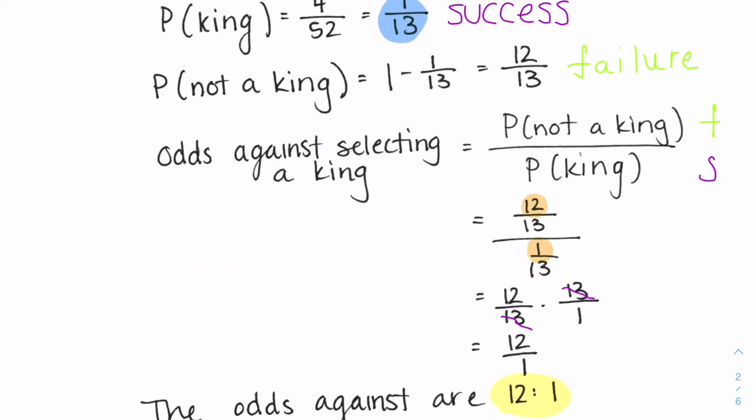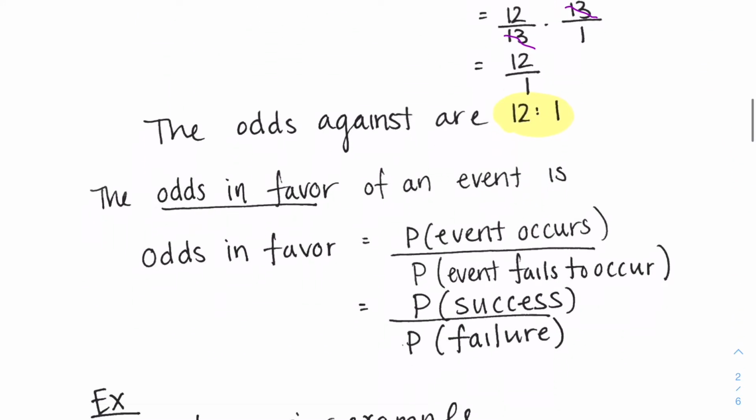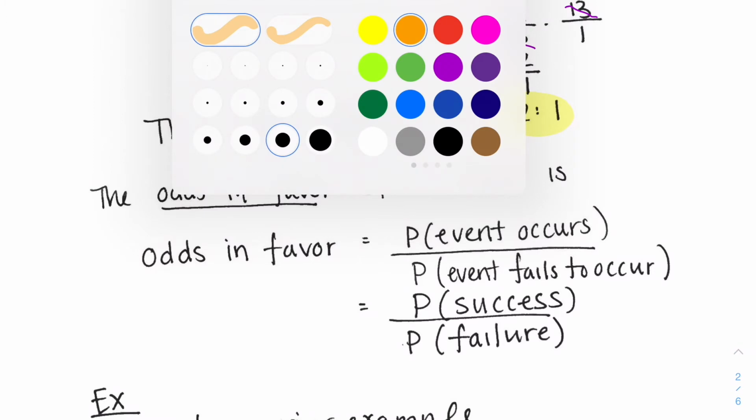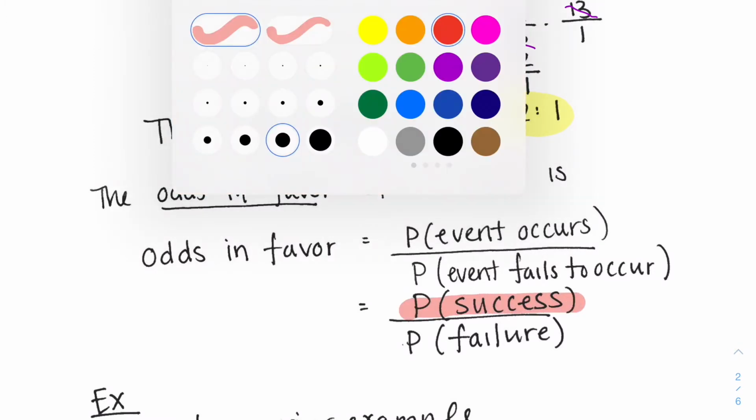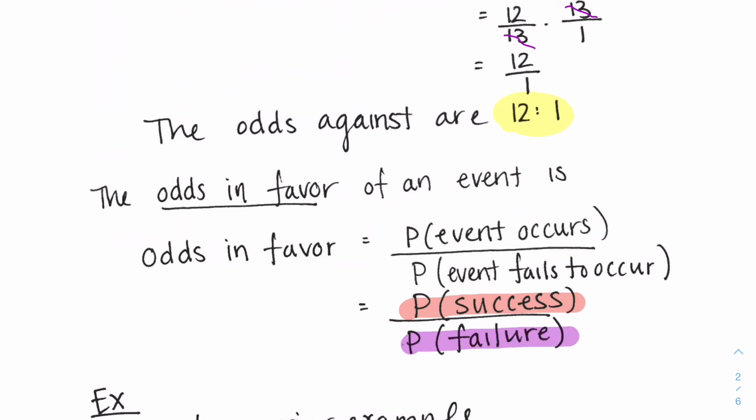All right. So now let's go ahead. The nice thing is if you want odds in favor, you're just going to flip that fraction. So the odds in favor of an event occurring are going to be the probability of success divided by the probability of failure. So it's just the flip of this.